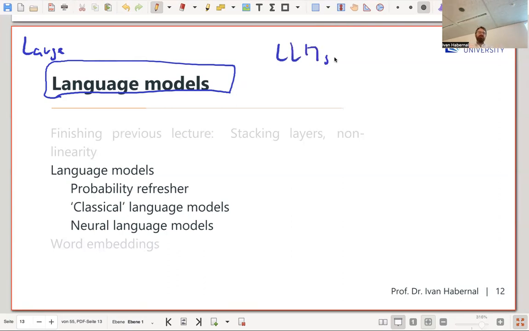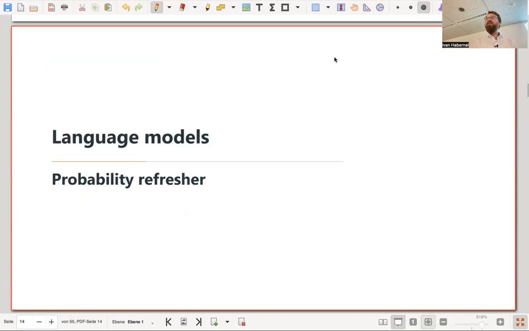So now we should understand where this comes from, why large language models work as they work, and what tasks they are actually trying to solve and what not. I think we should start with the precursor of large language models, the neural language models, maybe small language models, but the principle is similar.